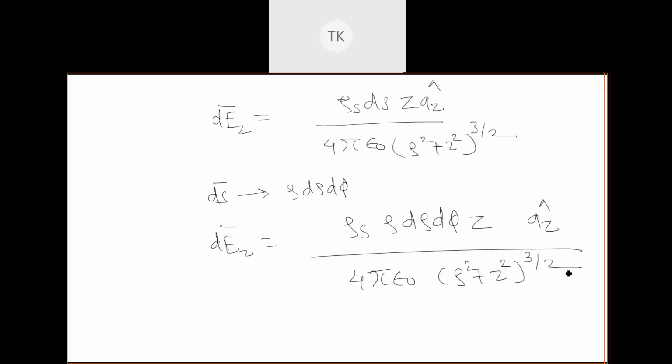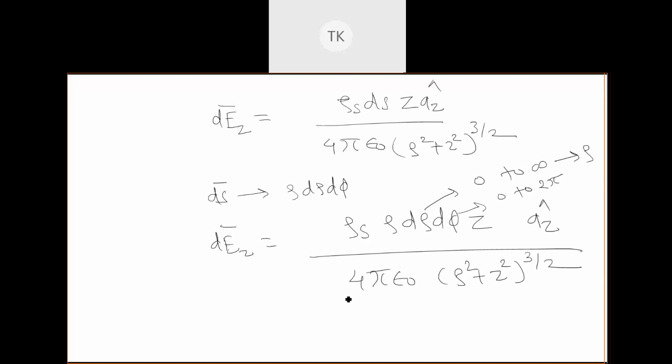So what will be the limit of rho? Rho is nothing but the radius of the cylinder, or the distance of any point from the z-axis, which will be minimum 0 and maximum up to infinity. And what will be the limit of phi? Rho has a limit of 0 to infinity, and phi will be from 0 to 2 pi.